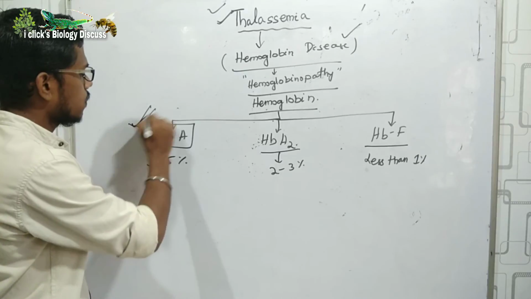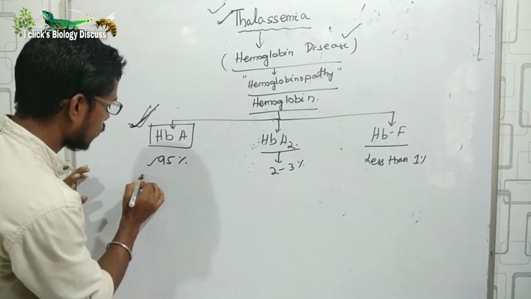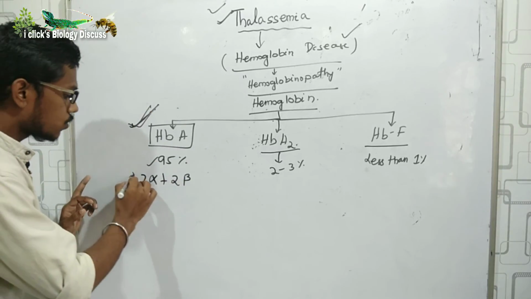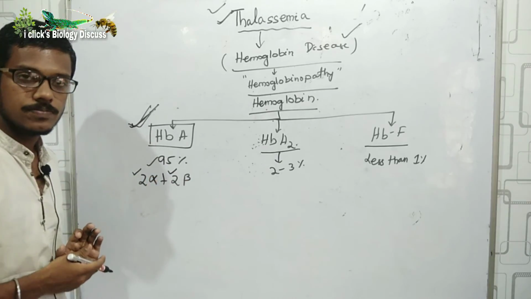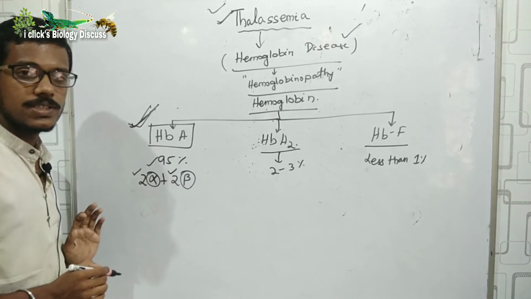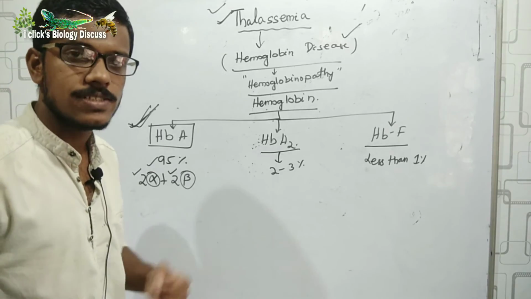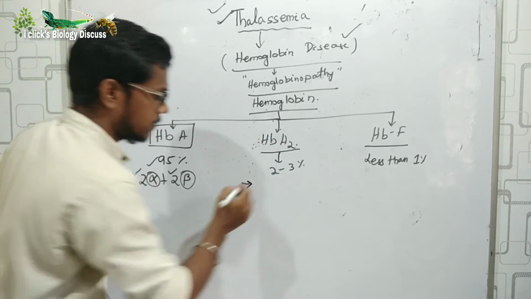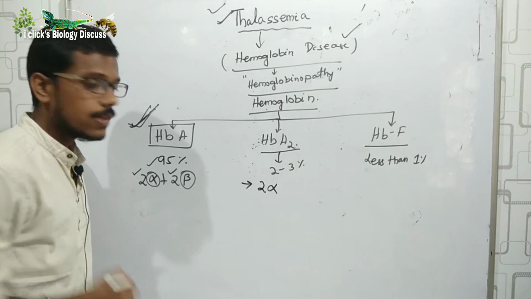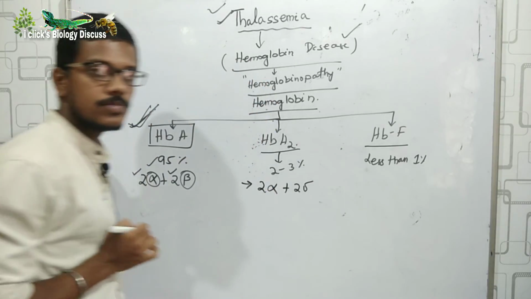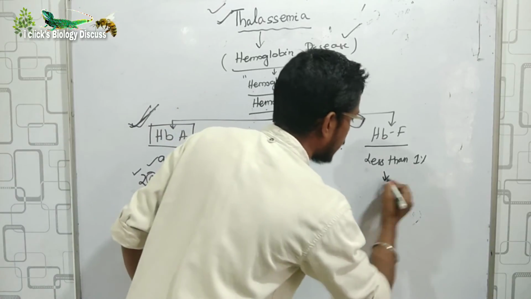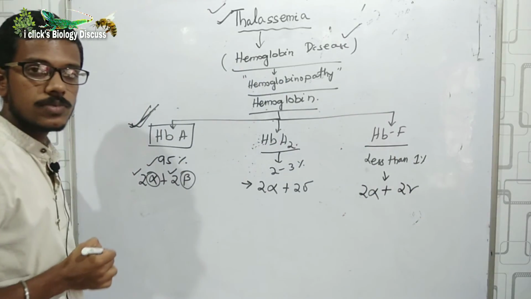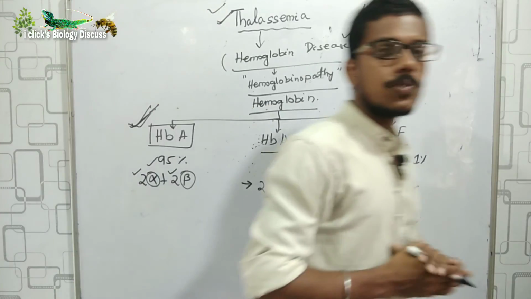HbA has 2 alpha globin chains and 2 beta globin chains. Globin chains are proteins. HbA2 has 2 alpha globin chains and 2 delta globin chains. HbF has 2 alpha globin chains and 2 gamma globin chains.